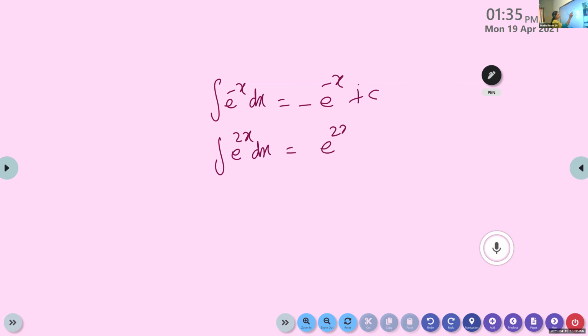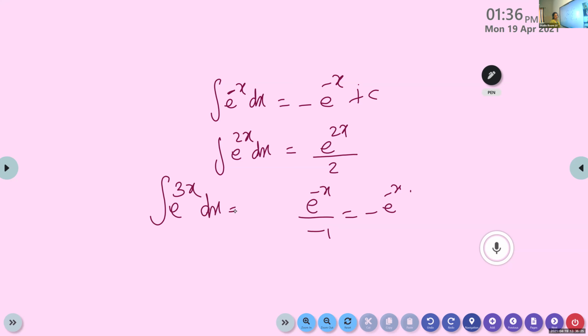What is integral of e raised to 2x into dx? E raised to 2x by 2. What is the coefficient? We should write it in the denominator. If it is minus, we will write e raised to minus x by minus 1, which will be the same as minus e raised to minus x. Okay, is it clear, children? What is the integral of e raised to 3x dx?